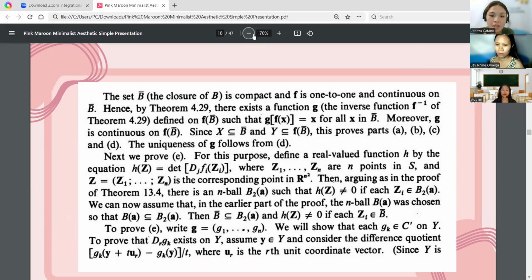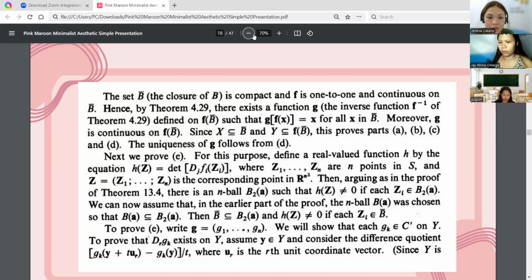Okay, so the set B, the closure of B, is compact and f is one-to-one and continuous on the closure of B. Hence, by theorem 4.29, there exists a function g, the inverse function f^(-1) of theorem 4.29, defined on f(B) such that g(f(x)) is equal to x for all x in B. I don't know how to read that B with the sign above; I'm not really sure about that.